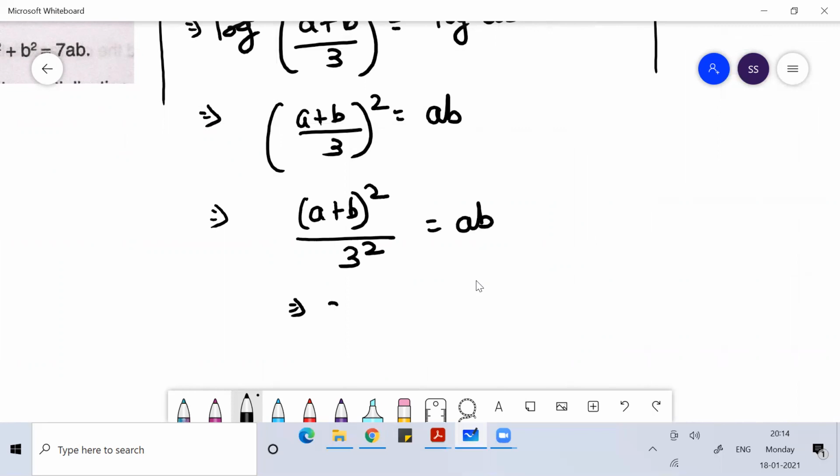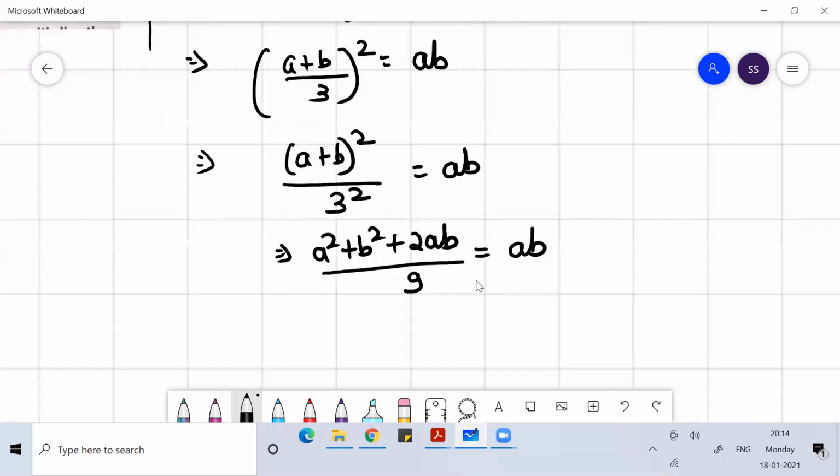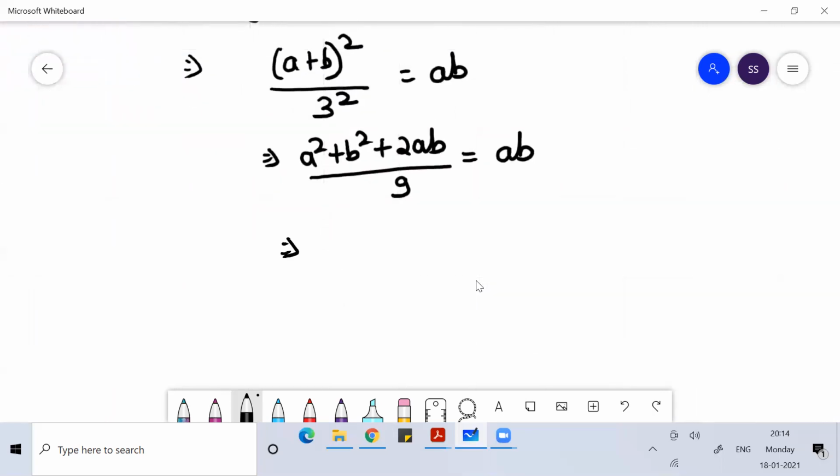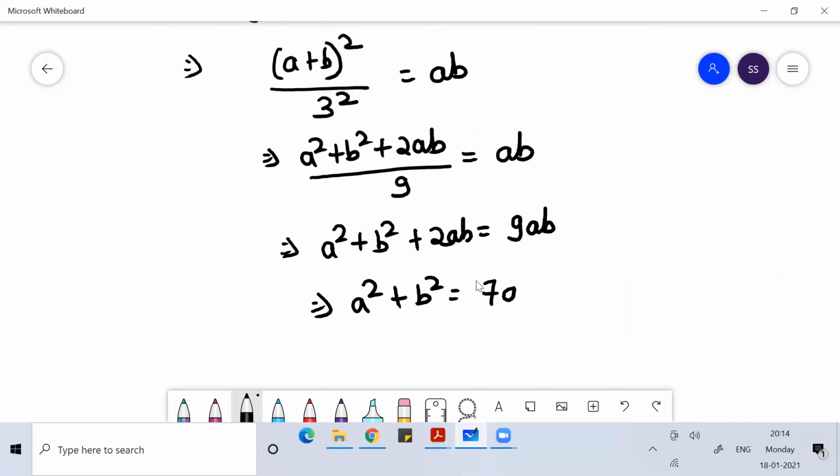So I can say this is a square plus b square plus 2ab by 9 is equal to ab. So a square plus b square plus 2ab is equal to 9ab. So I can say this is equal to a square plus b square is equal to 7ab.